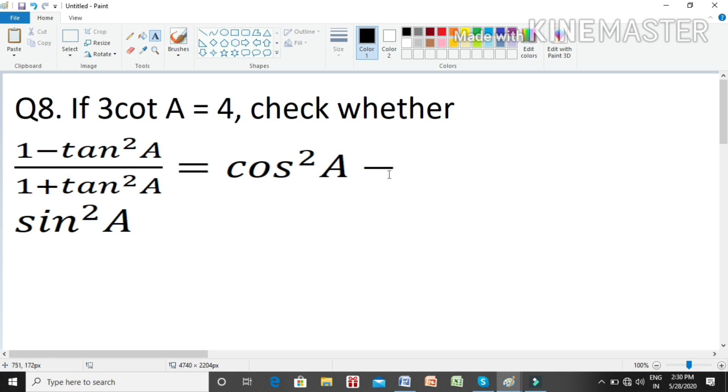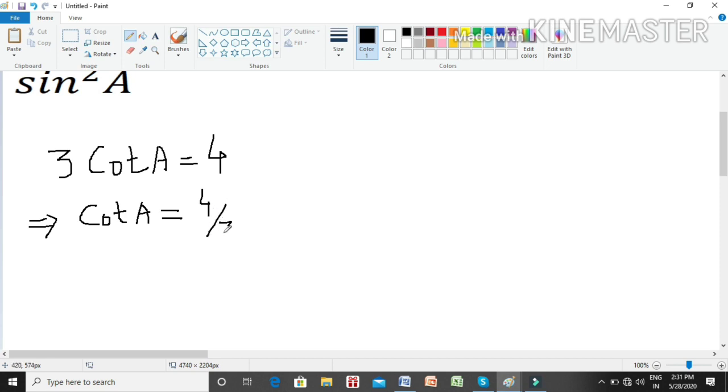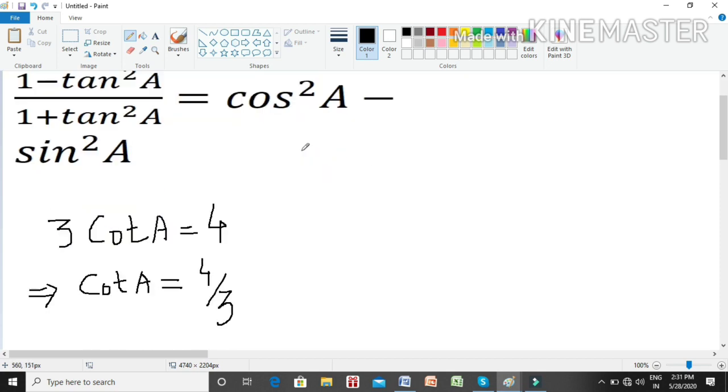We have 3 cot A equals 4. So we can say cot A equals 4 by 3. This is simplifying the question. After that, we are going to simplify the expression.